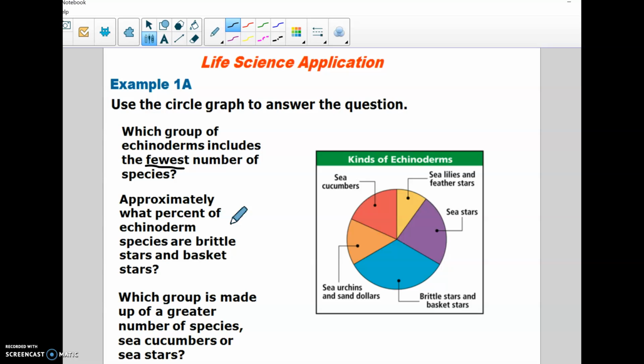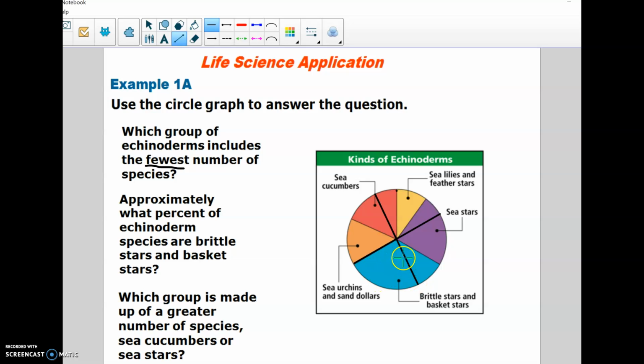Approximately what percent of echinoderm species are brittle stars or basket stars? So that's right here. If the full circle is 100% and we break it up into quarters, like taking a straight line across like I'm cutting a pizza, and then going across the middle one more time, that would be cutting this circle graph into quarters.